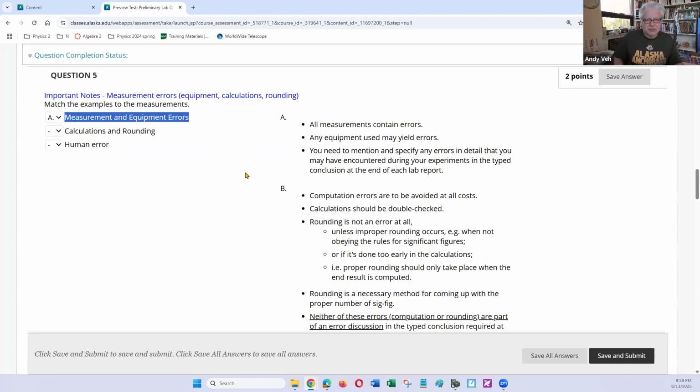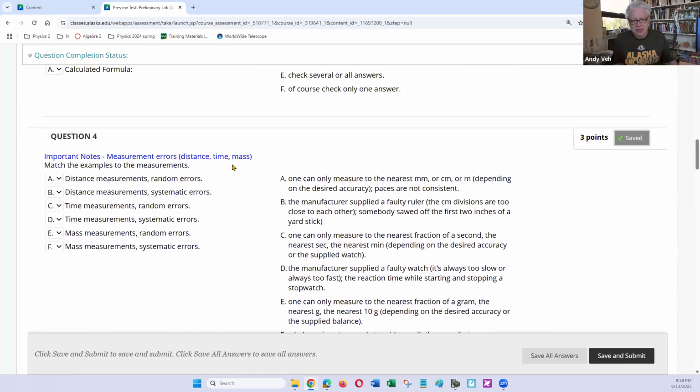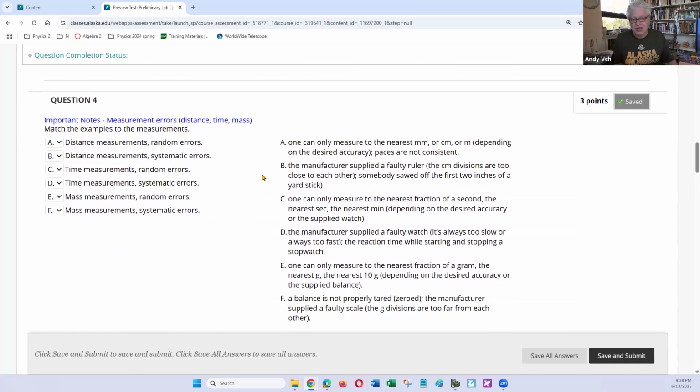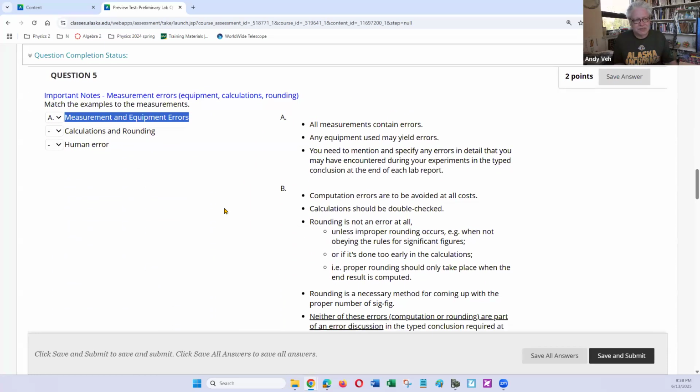Well, we try to get rid of equipment errors, but that could be something like friction here, measurement errors. That's actually when you go back to this one here, you will have some kind of random errors. The others, when you carefully read through these here, you ought not to have calculations or rounding errors.